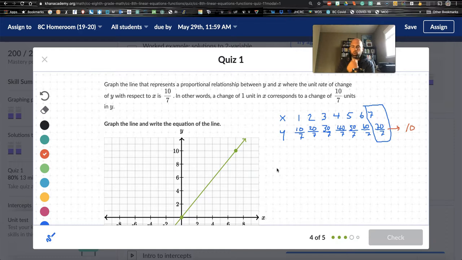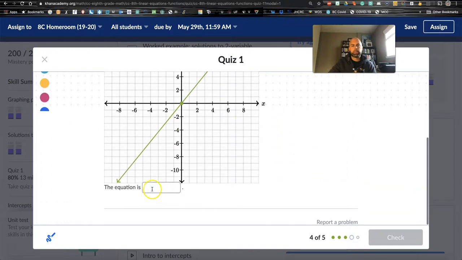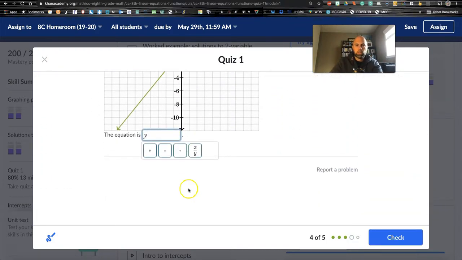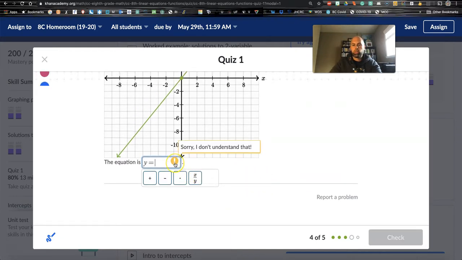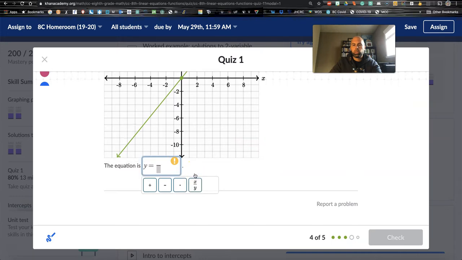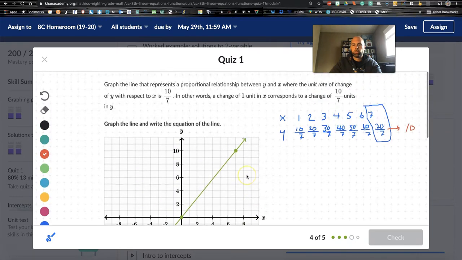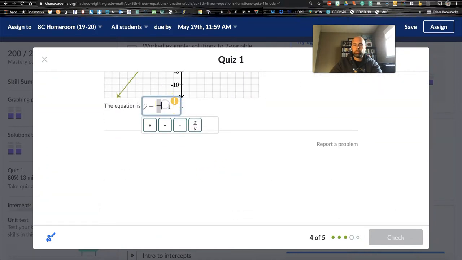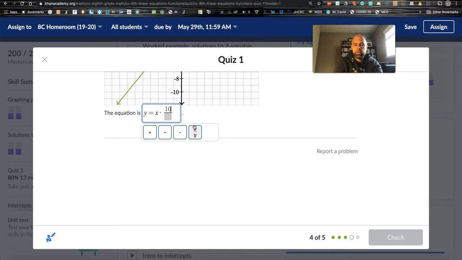I want to just write 10 over 7. I think maybe what they're looking for is this: y equals x times 10 over 7.